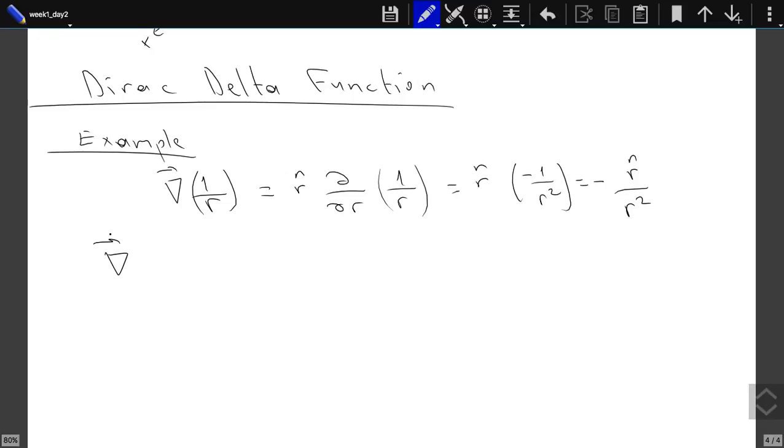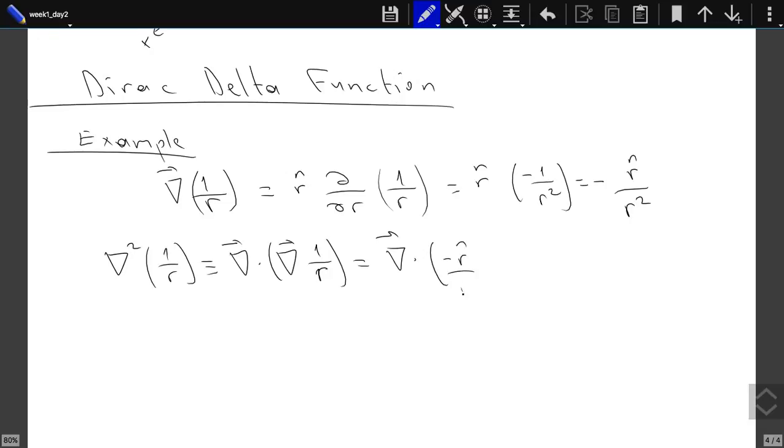So the Laplacian of 1 over r, remember we had defined this as the divergence of the gradient of 1 over r, which is the divergence of minus r hat over r squared, or let's write this as the divergence of minus r vector over r cubed. r hat is nothing but the radial position vector divided by r, its magnitude.